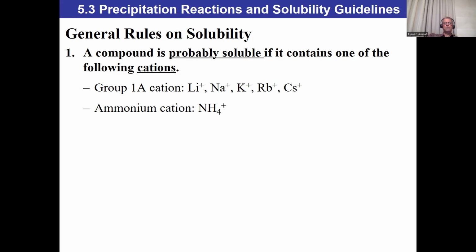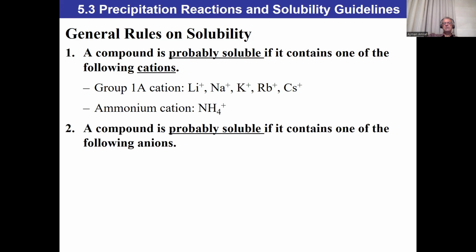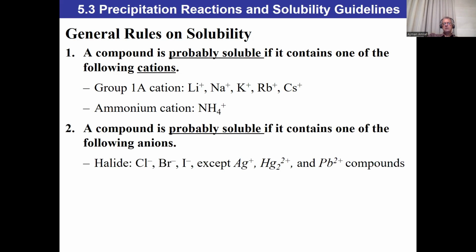Any ionic compound containing these cations is probably soluble. For anions, a compound is probably soluble if it contains one of the following anions: halides, except with silver, mercury 1, and lead. These ionic compounds containing Ag plus, Hg2 2 plus, or Pb 2 plus form insoluble salts.